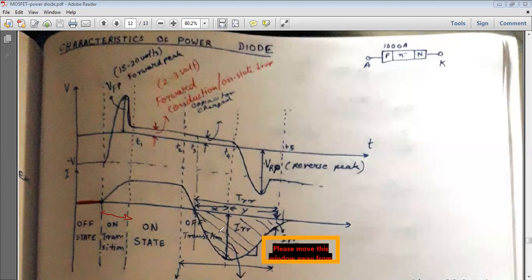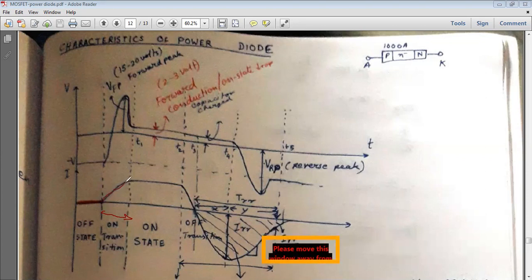So during the transition from the initiation of current flow to the on state current conduction, that is, maximum to minimum resistance, it will act like an RC circuit, and it will be a rising characteristic. You can see in this picture, this on state characteristic is rising.